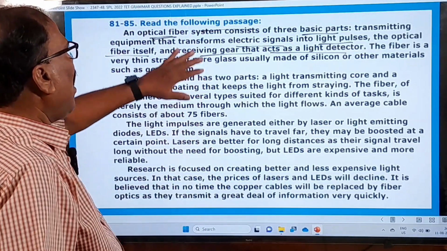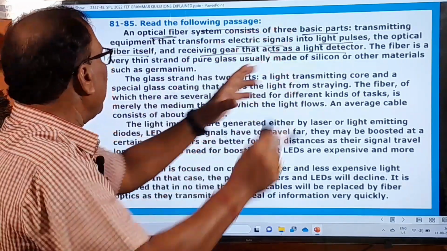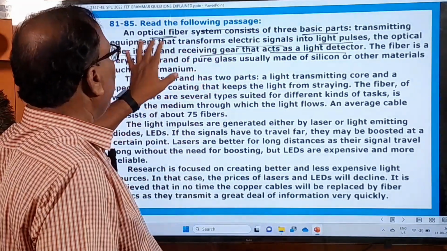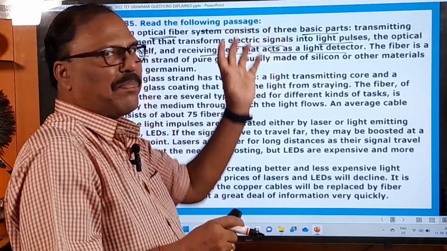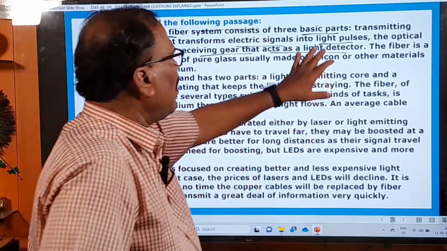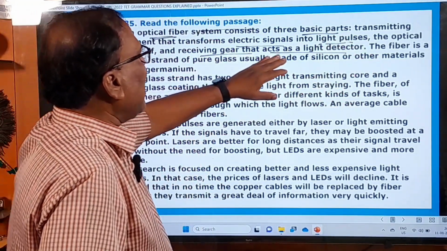Transmitting means sending signals. That transmitting equipment transforms electric signals into light pulses or waves.